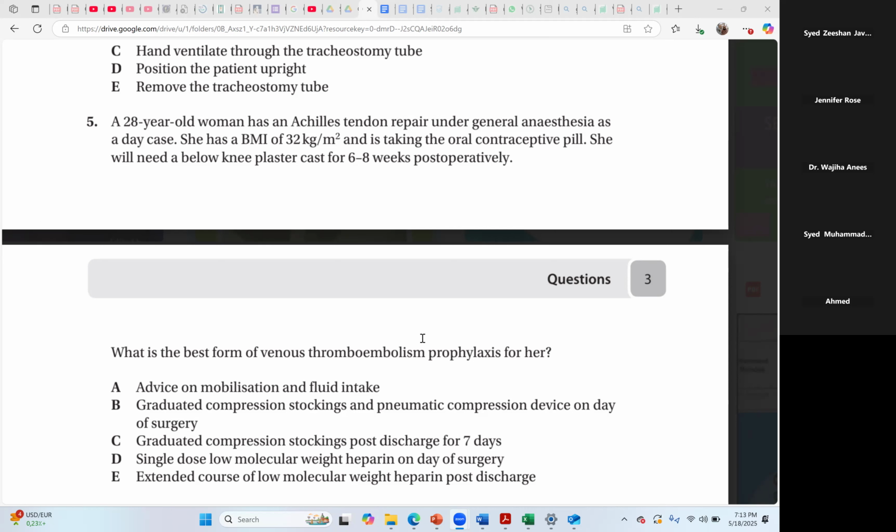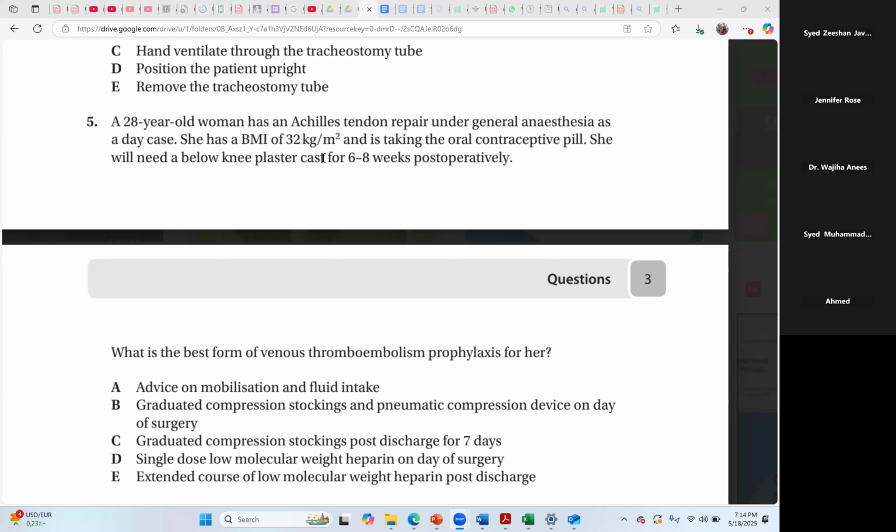Okay, so let's have a look. Just a second, please. If you concentrate here, another risk factor is OCPs. Pregnancy is a hypercoagulable state, which also leads to an increased risk of thromboembolism. So here, what is the situation? This lady has a tendon repair, which means the patient has some condition, whether traumatic or something like that.